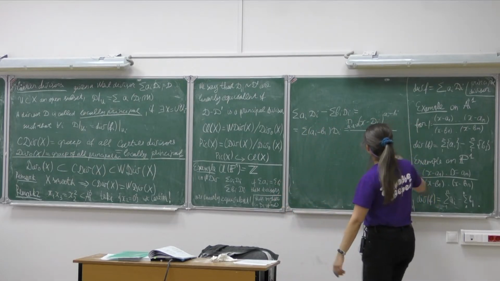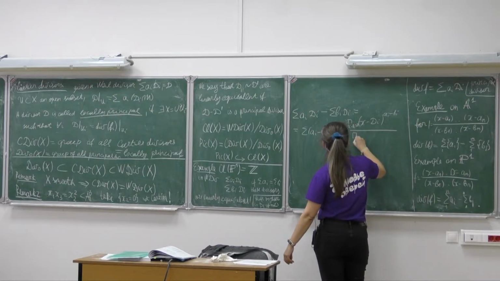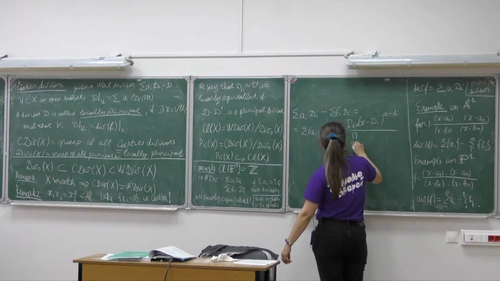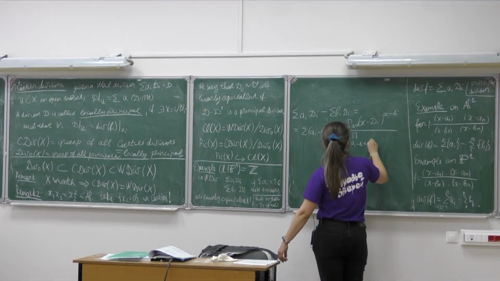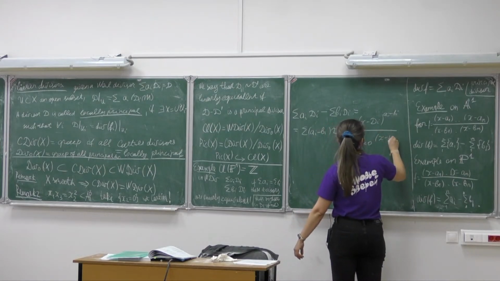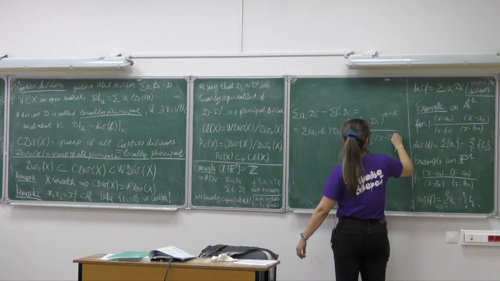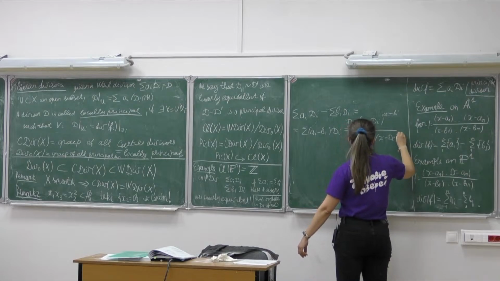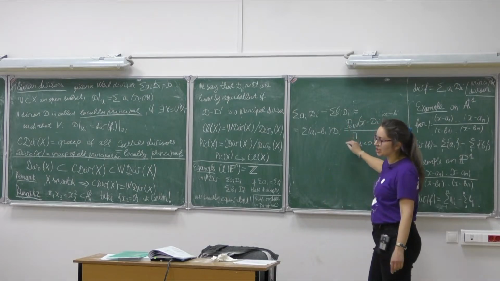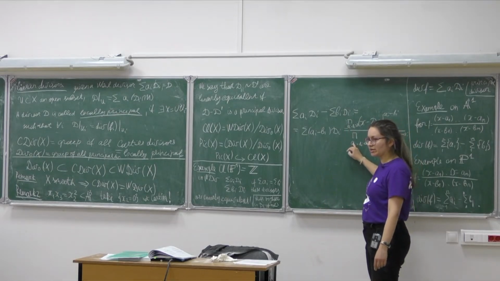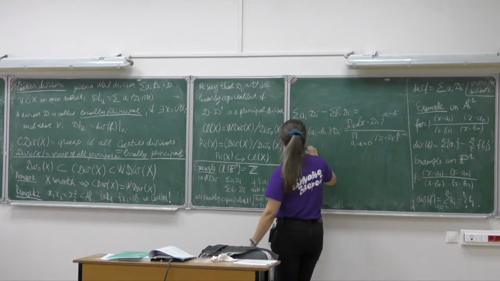Okay, in this case, this product is divided by the product where ai minus bi is negative. We take (x minus di) to the power bi minus ai. So this is a rational function on P1.